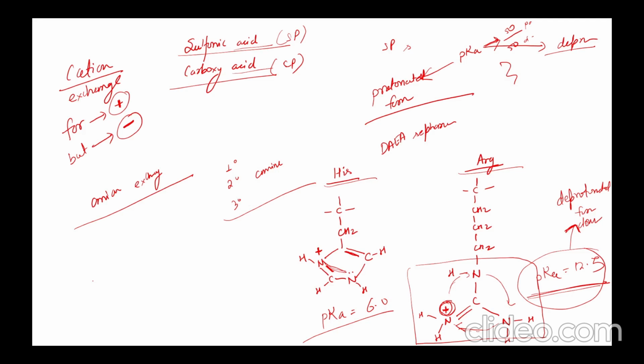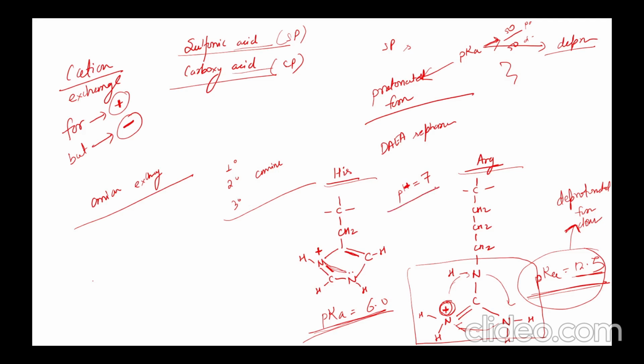It will be more stable in its protonated form, and to make it deprotonated, the pH needs to cross 12.5. But what will happen in histidine? Our experiment is carried out at physiological pH, which is around 7.